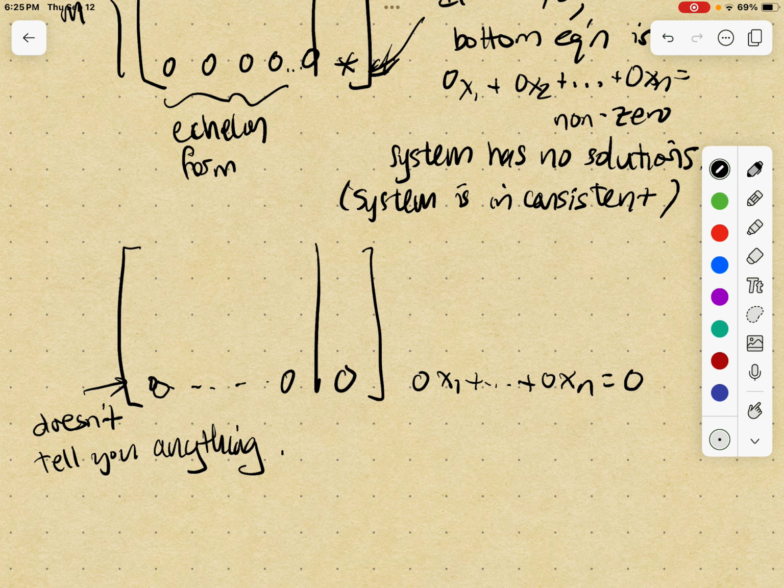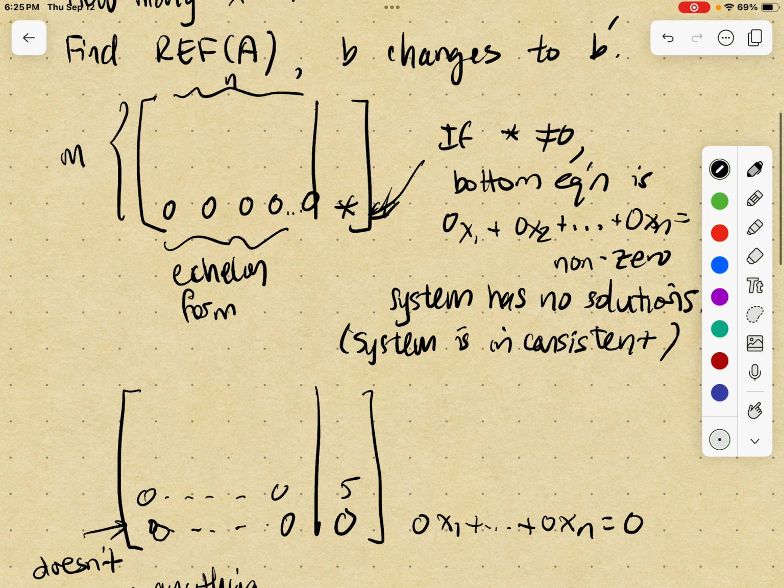Well yeah, actually, because you could have another 0 row here, and then you could have like a 5 here. What if you had something like that? Well, then your system would be inconsistent, right? So let's say that you don't have any of this inconsistent part. Let's say that the system is consistent, right? We know how to tell if it has no solutions.